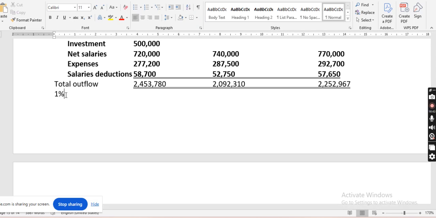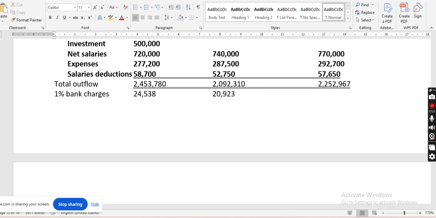1% bank charge. So what is the 1% of each of the months? For July is 24,537.8. Okay, you can approximate this to 0.8. Next, the other one is 20,923.